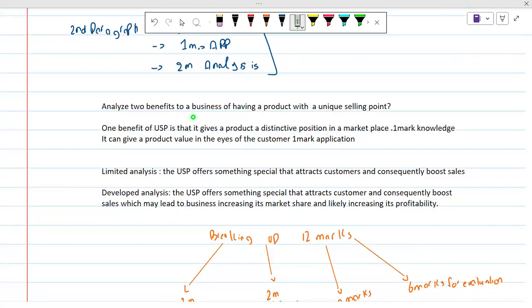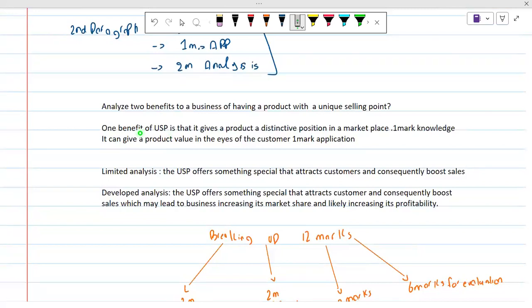If I say that one benefit of USP is that it gives a product a distinctive position in the marketplace, this is a benefit of USP, so I can get 1 mark for knowledge.